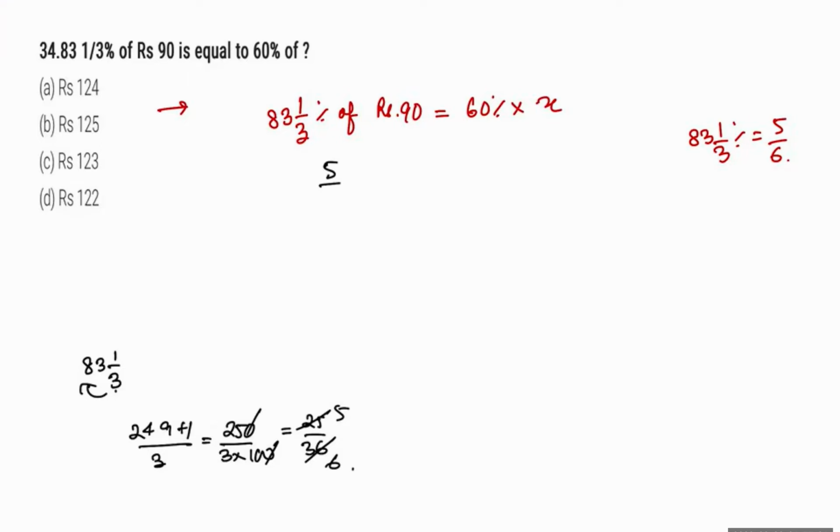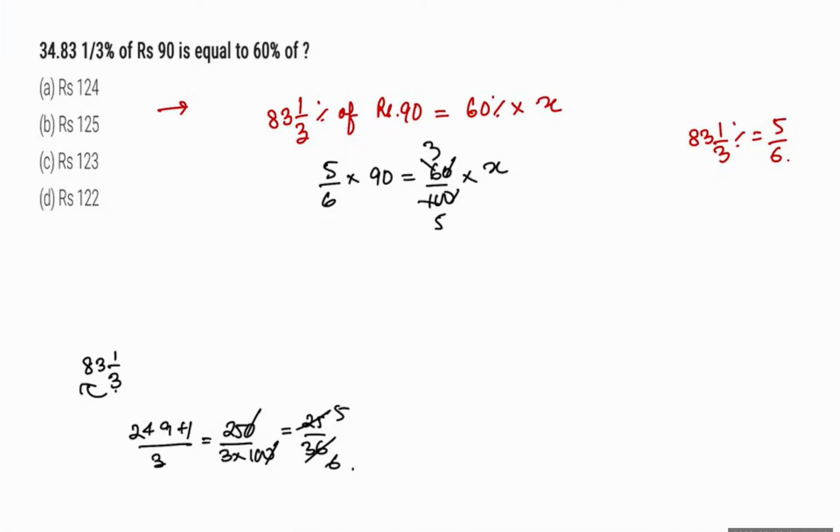5 by 6 of rupees 90 is equal to 60% of X. 60% is 3 by 5.